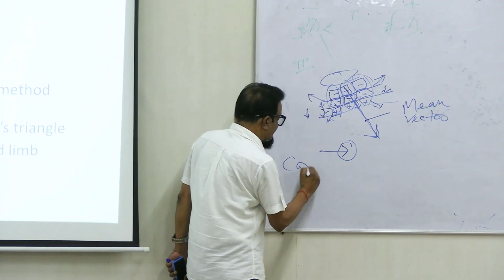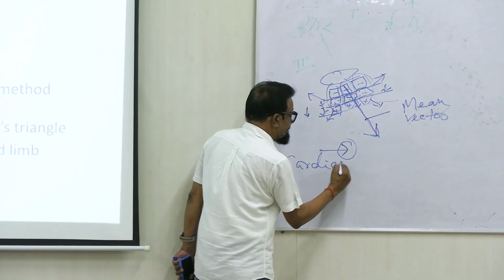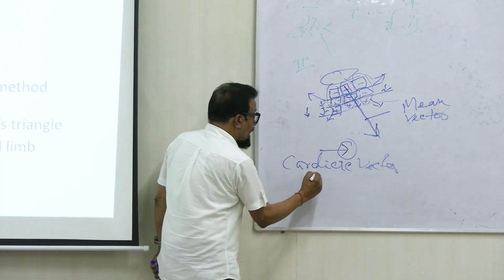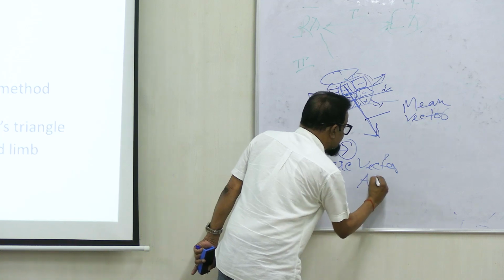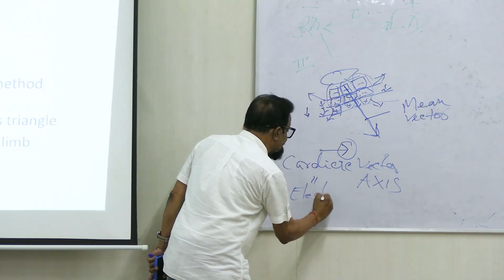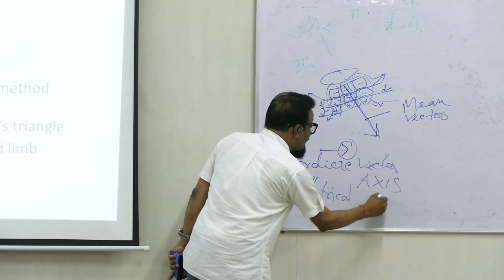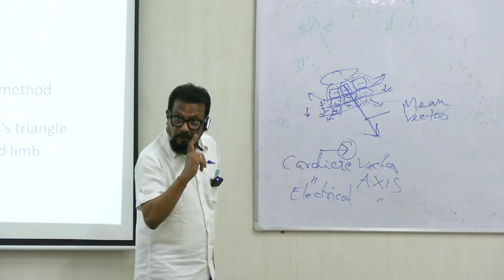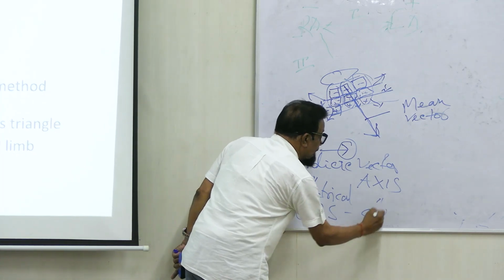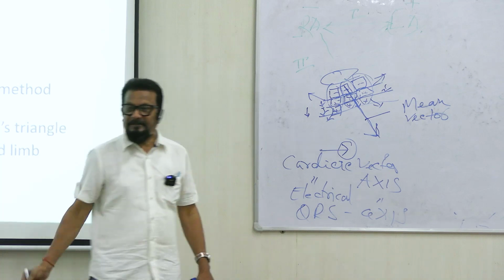One is cardiac vector, or cardiac axis, or electrical axis, or electrical vector, or QRS axis, since we measure it using the QRS wave of the ECG.